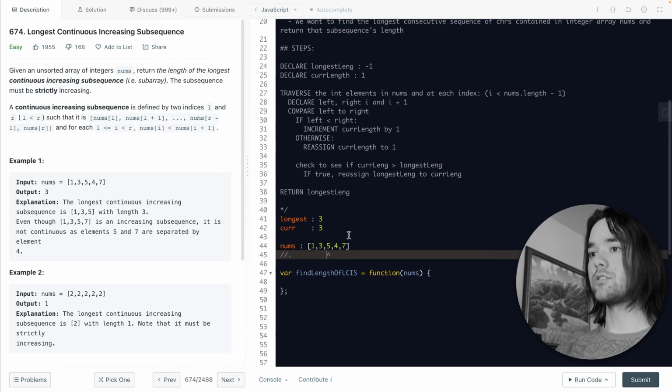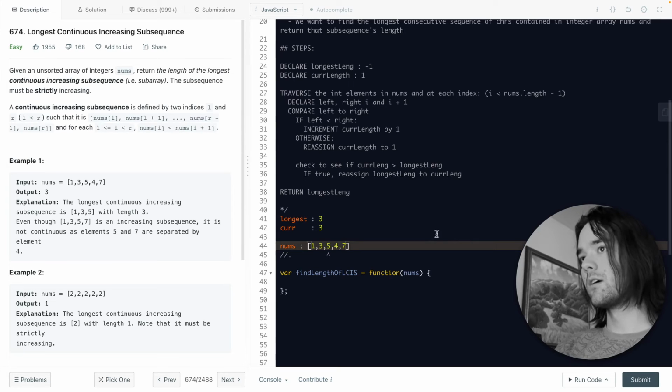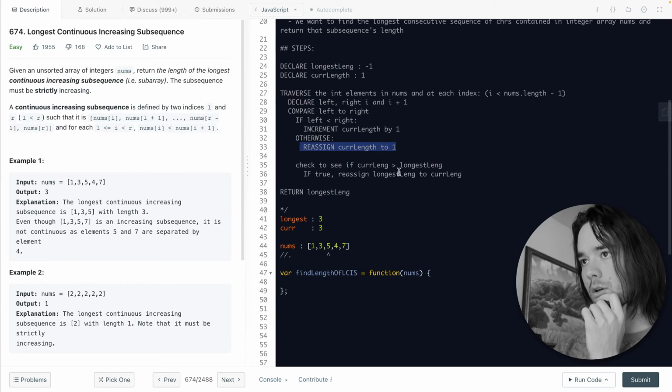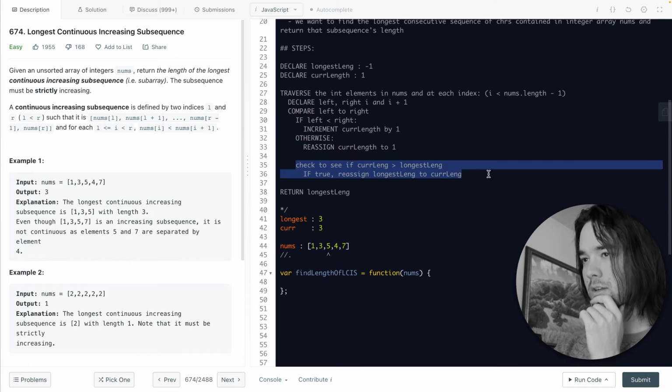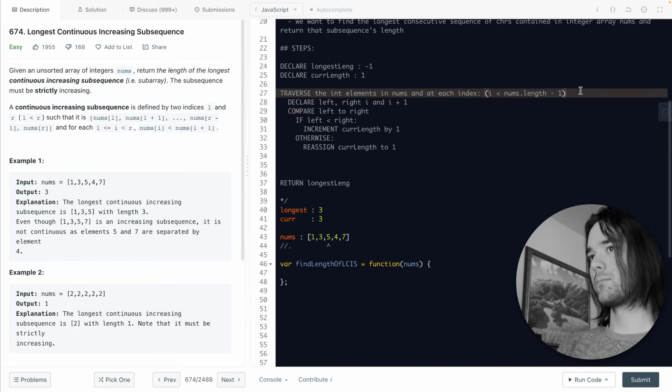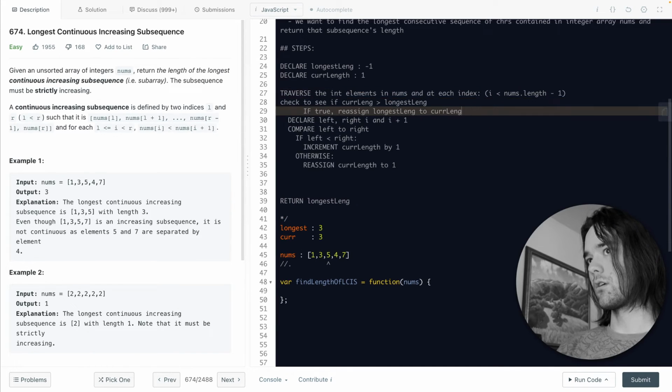So now i is 2, and so we're seeing, okay, 5 and 4. 4 is not greater than 5. So we're evaluating this branch, and this is where our code is wrong, I believe. So maybe we need to do this first. If we did it first, yeah.